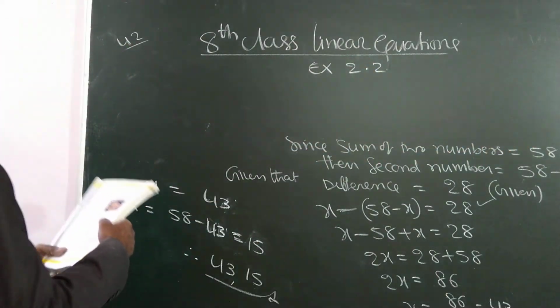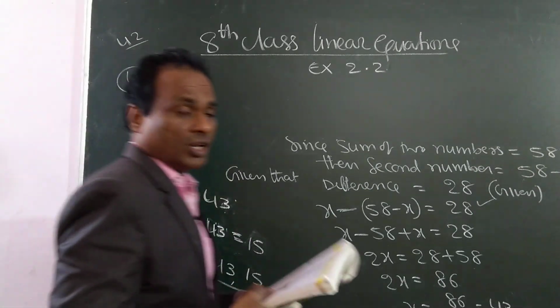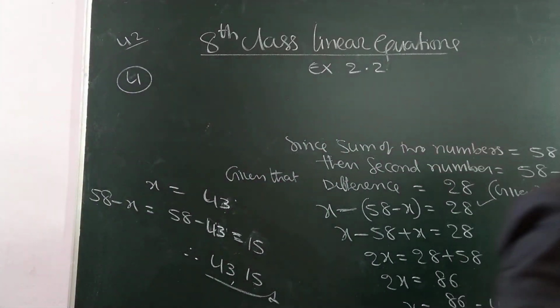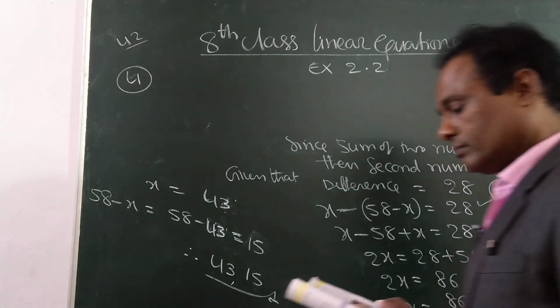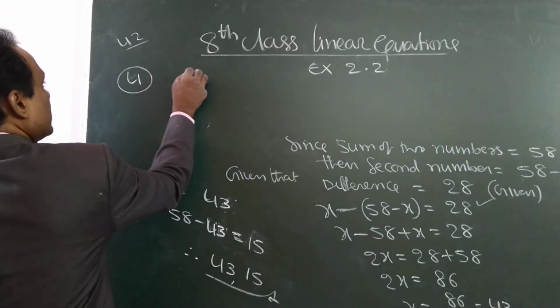After the class, you just practice these problems once again, because a lot of concept and a lot of skill is required. Fourth problem, you read from the textbook. I am writing the question.